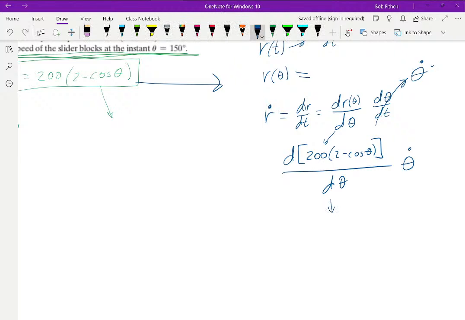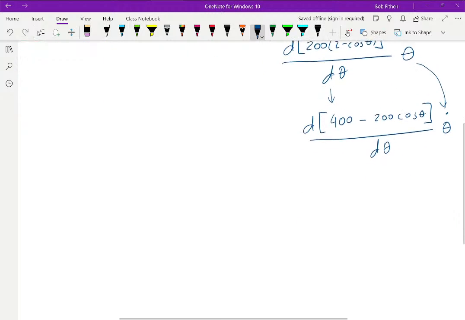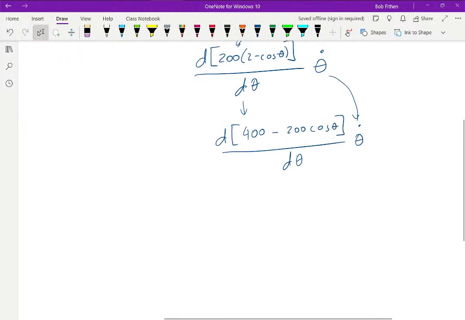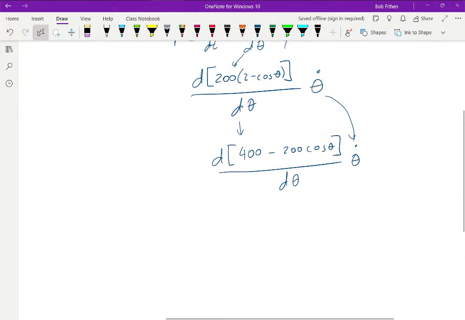You can carry this down further if you wanted to. 200 cosine theta, and I guess I'll carry the theta dot as well. I'm probably going to select this and move it over to the side after I'm done. So this is a constant, doesn't yield you anything. This one is not. So derivative of cosine is minus the sine.